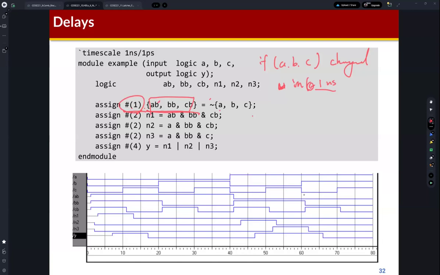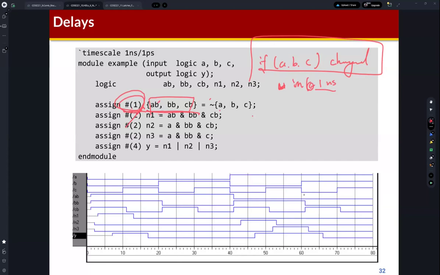So do you understand? The assign statement will be executed when these signals are changed, but the output will be reflected after this time delay. So you can understand the time delay in the assign statement like this.